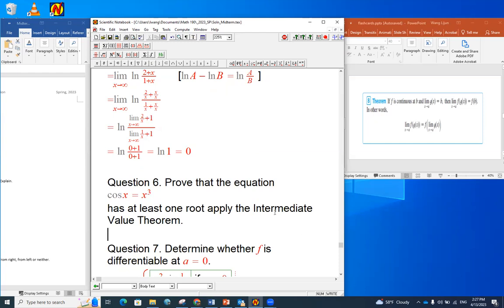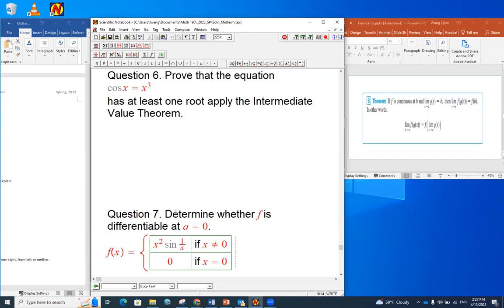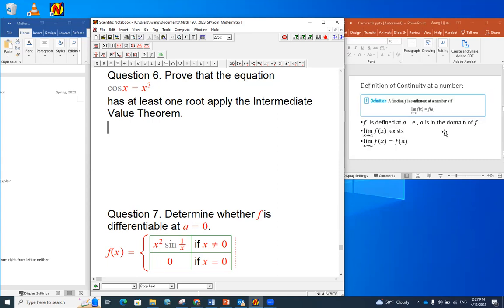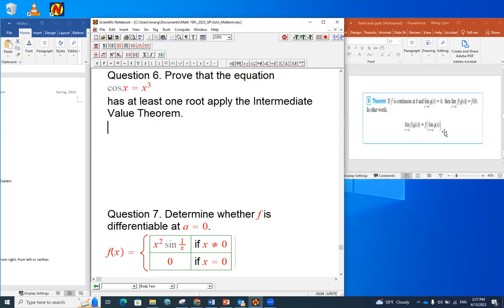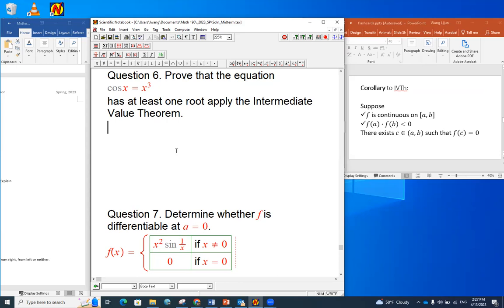All right. The next one is prove that the equation has at least one root. Apply the intermediate value theorem. Intermediate value theorem, right? We promised you that's going to be tested. So here it comes. Okay, and we use a corollary.